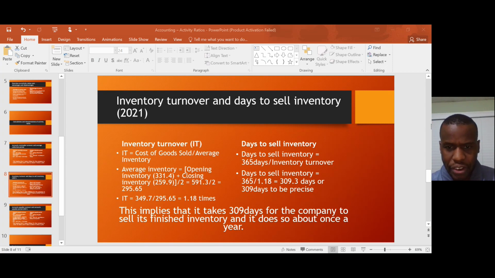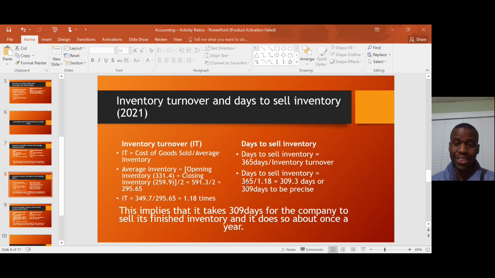So we added that 331 to the 259, which gave us an average inventory of 295.67. We divided that into the cost of sales and it gave us 1.18 times.